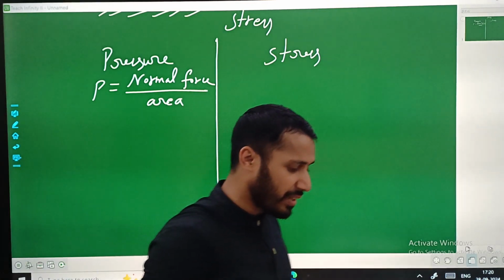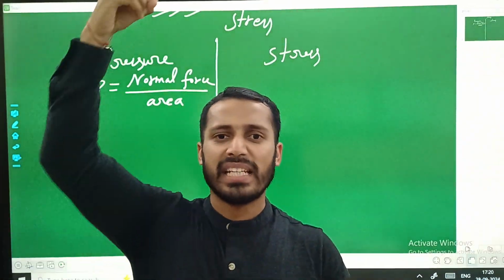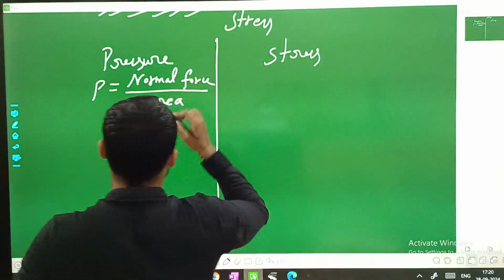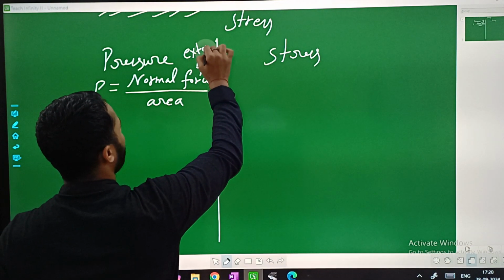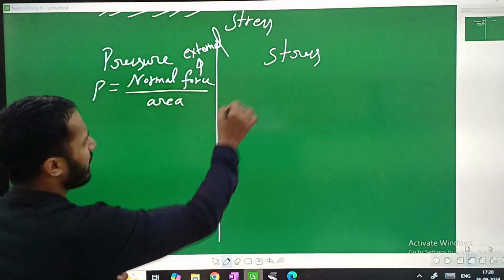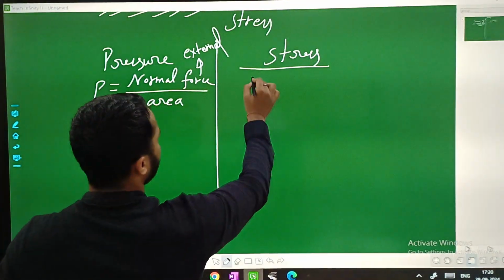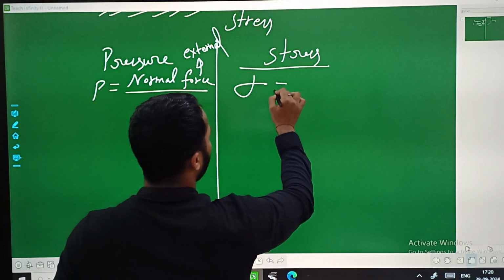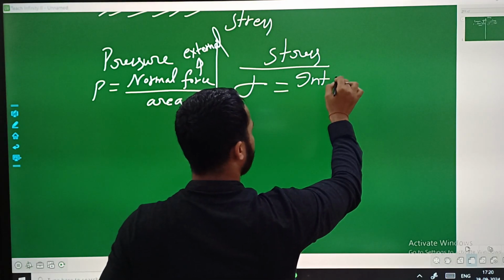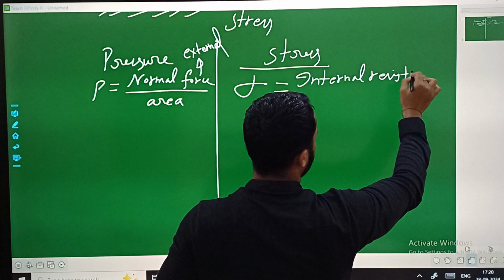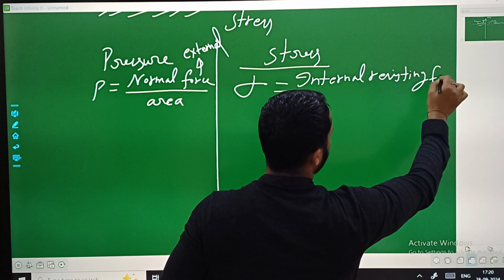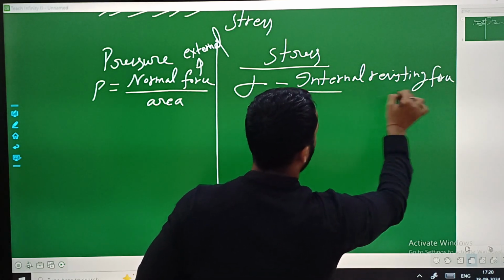And for pressure, force is applied from external. But to define a stress, it is represented by sigma, always internal, resisting force you have to see, upon area.